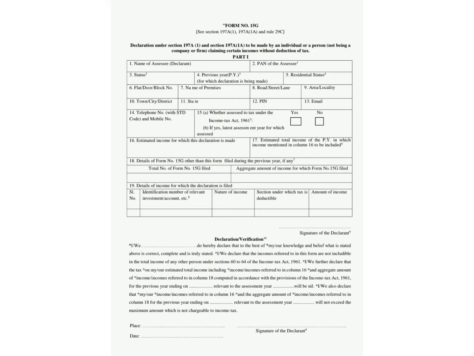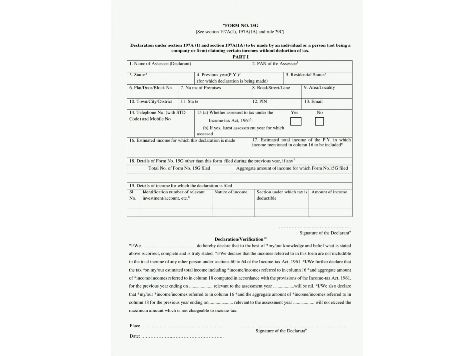For example, your salary is 9,000, so 1,08,000 is your previous income, and for example you are applying for 70,000 PF accumulation withdrawal. So total of both, 1,08,000 plus 70,000 means 1,78,000 you will write here in point number 17.